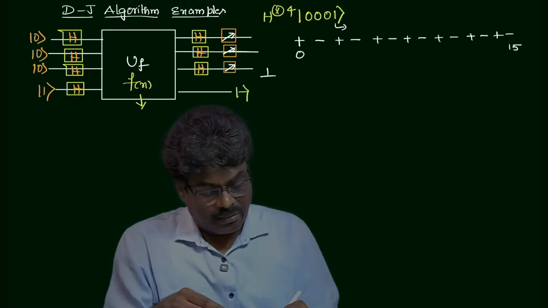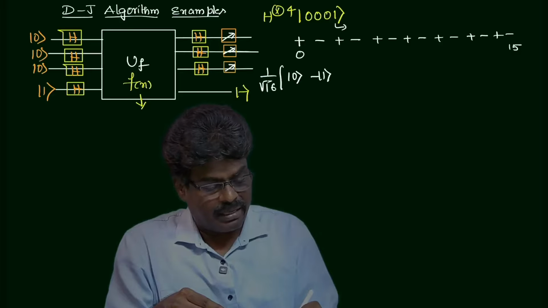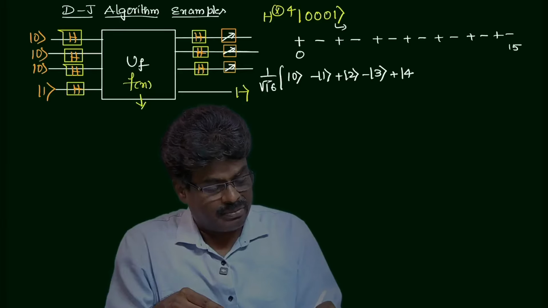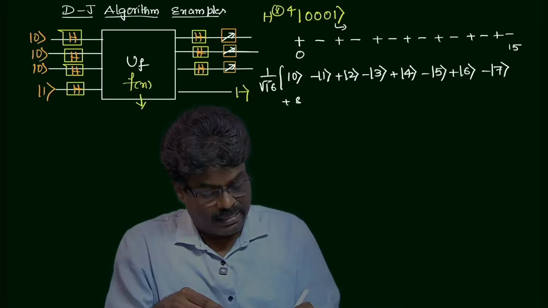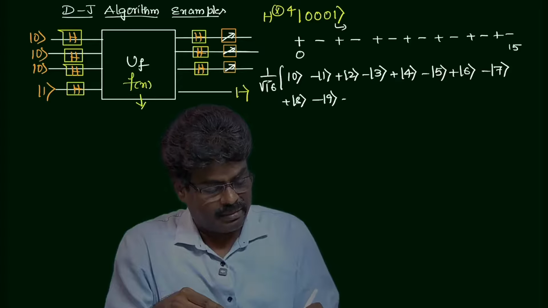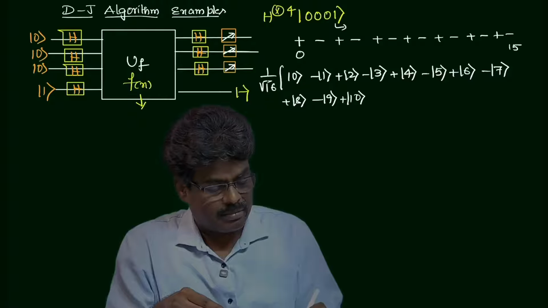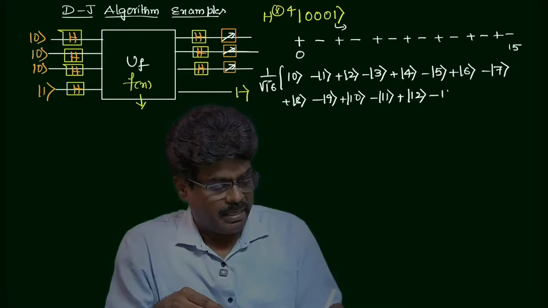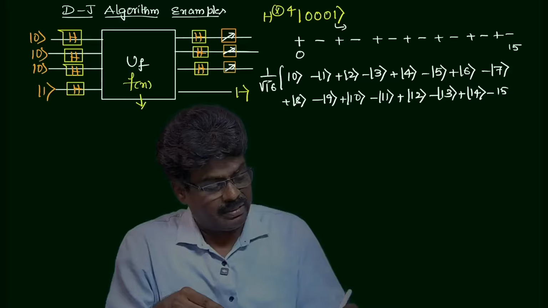So if I write 1 over root 16, this will be plus 0, minus 1, alternate plus minus, plus 2, minus 3, plus 4, minus 5, plus 6, minus 7, plus 8, minus 9, plus 10, minus 11, plus 12, minus 13, plus 14, minus 15.